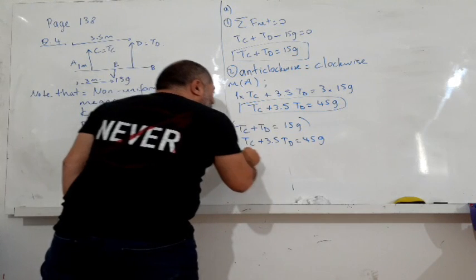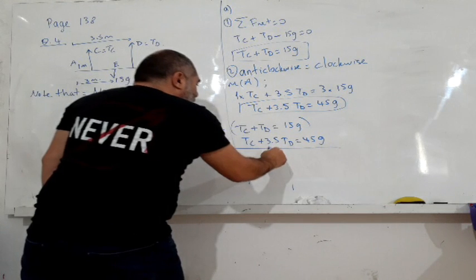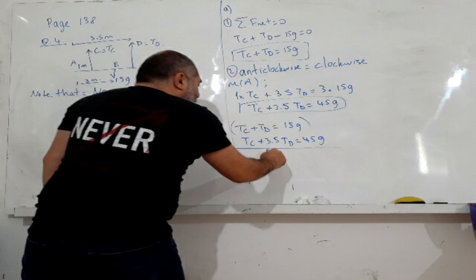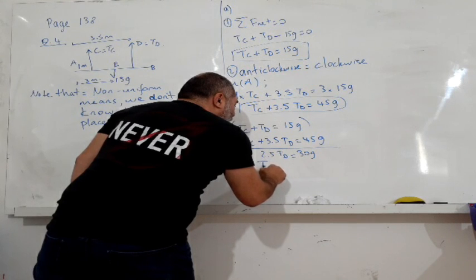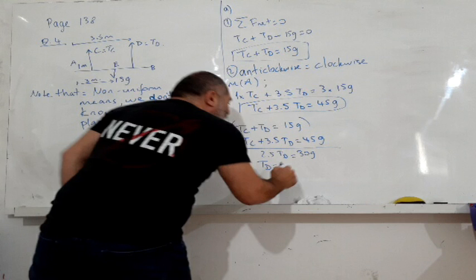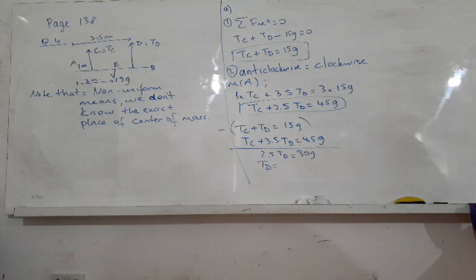We have 2.5 TD is equal to 30G. So tension at D, with the help of our calculator, is 30 times 9.8 divided by 2.5, which is equal to 117.6 newtons.